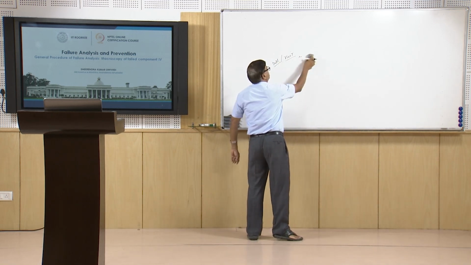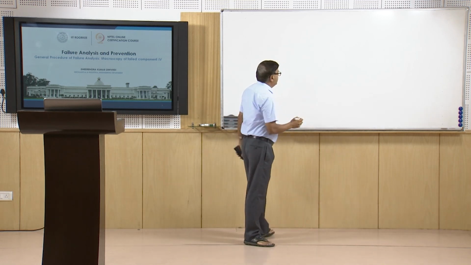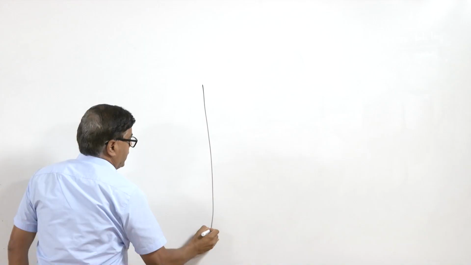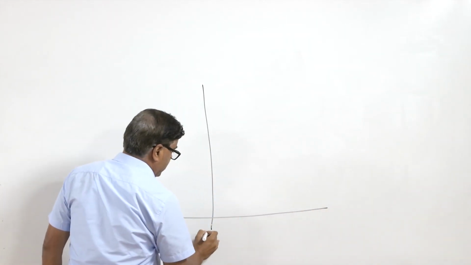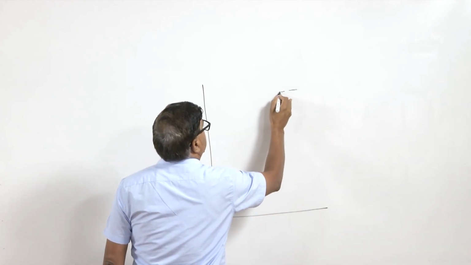The energy absorbed may vary significantly from, say, 140 joules at 20 degree centigrade, at room temperature, like this.